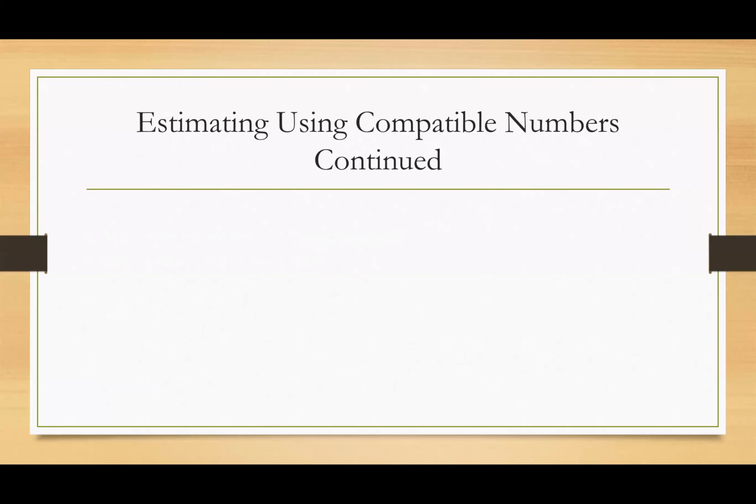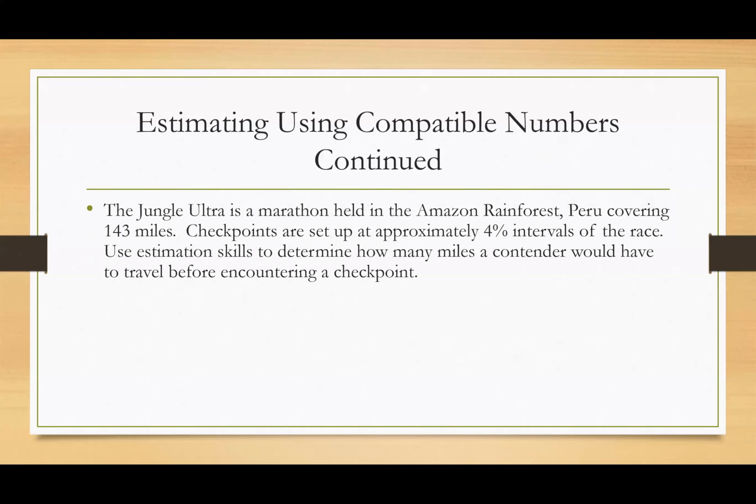And for our last estimating example, we're still going to use compatible numbers, but in a different way this time. The Jungle Ultra is a crazy marathon held in the Amazon rainforest in Peru, and it covers 143 grueling miles. Now, checkpoints are set up at approximately 4% intervals of the total race.